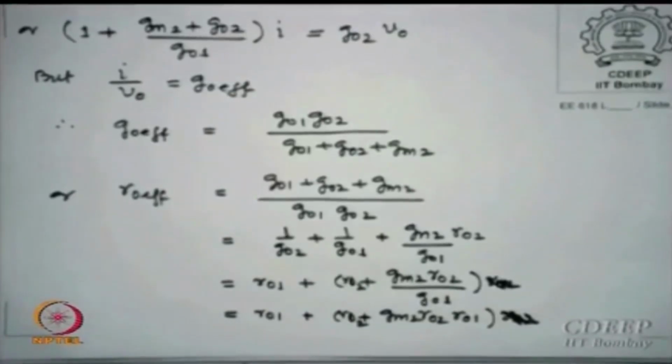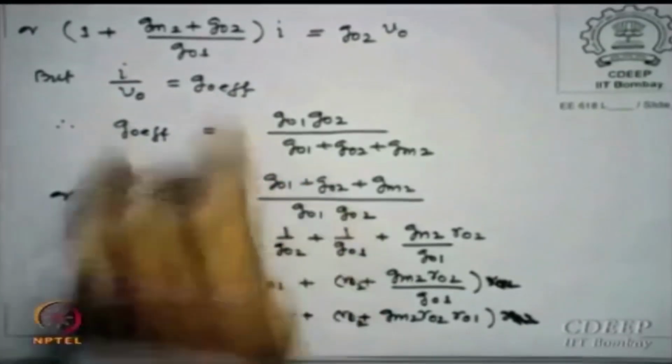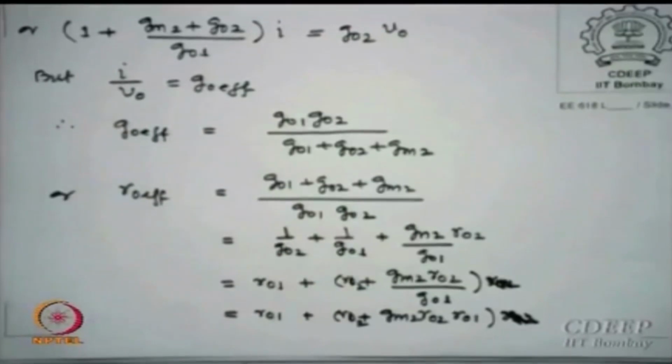So ro effective is go1 plus go2 plus gm2 upon go1 go2; dividing each term, 1 upon go2 plus 1 upon go1 plus gm2 by go1 into ro2. Doing some more collection of terms, you get ro1 plus ro2 plus gm2 ro2 ro1. What is the ro effective? ro1 plus ro2 plus gm2 ro2 ro1. Something fantastic is happening.